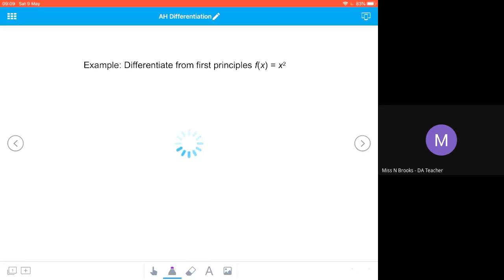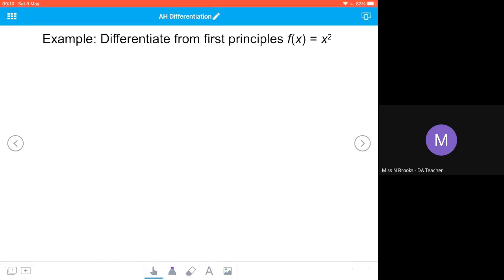So I'm going to look at an example now. I'm going to differentiate from first principles x squared. So the first thing I'm going to do is write down my f dash x equals, now don't forget your limit, as h tends to 0, of f of x plus h minus f of x all over h.